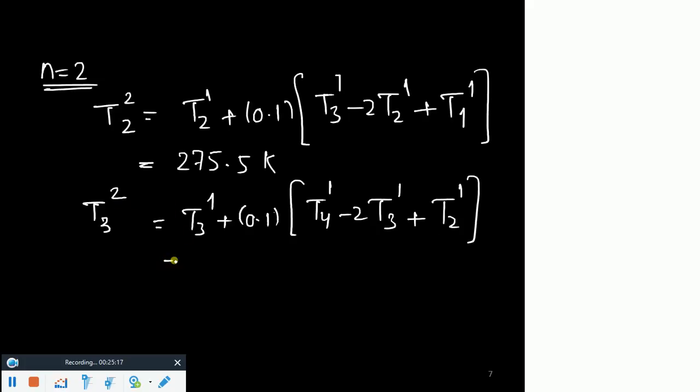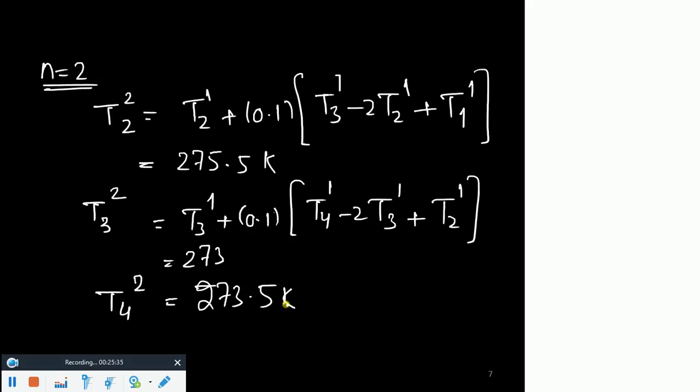This is 273. Okay, and what about T4 comma 2? It is 273. So now it looks what? Physically correct.